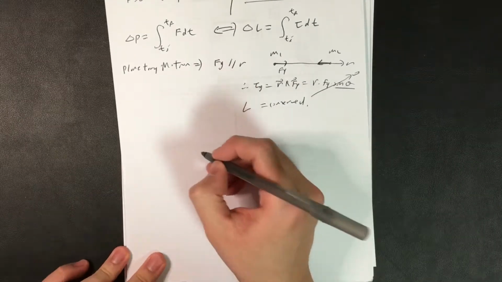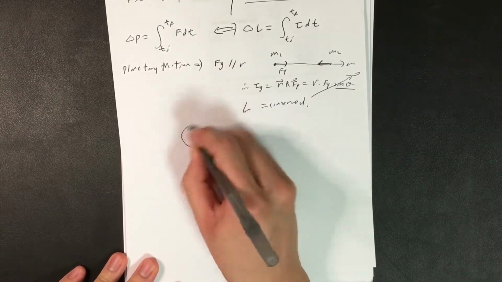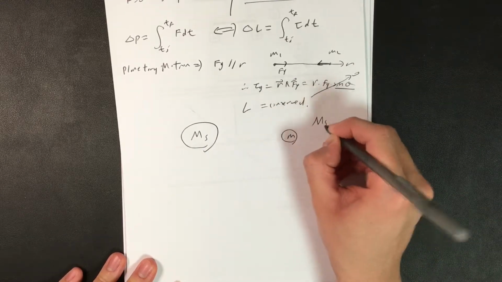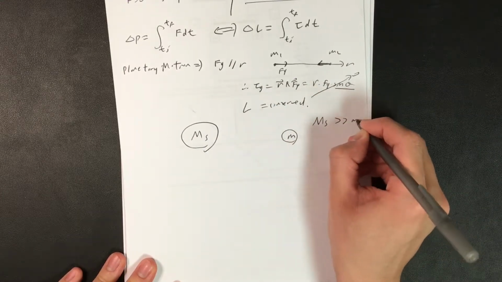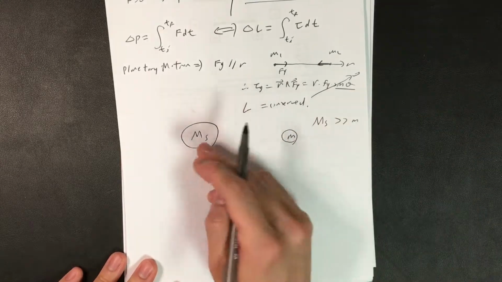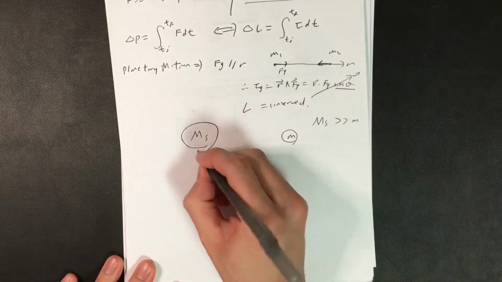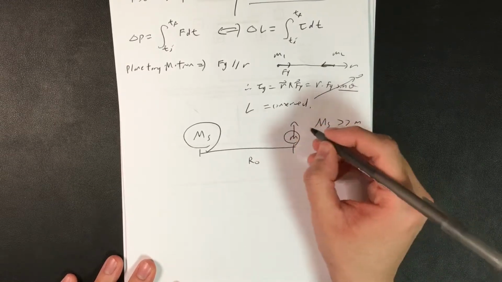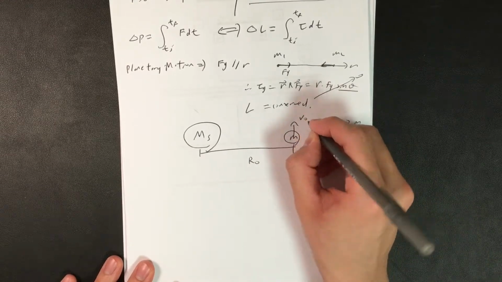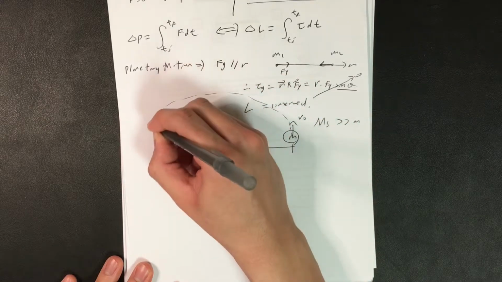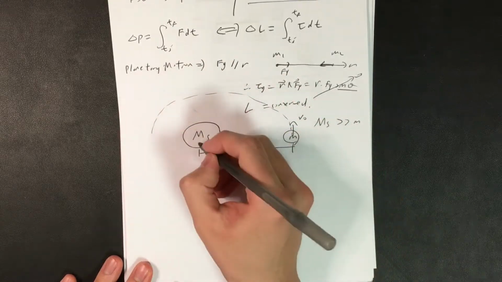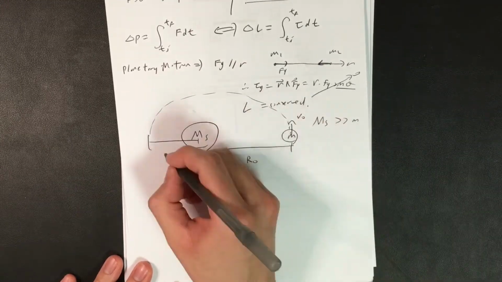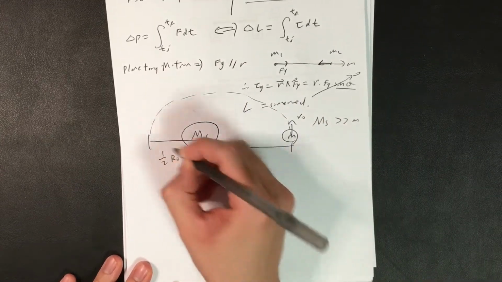So for example, let's say there is the sun with mass Ms, and there is the earth with mass m, and we're assuming that the mass of the sun is far greater than the mass of the earth, so the sun just stays stationary. If they're separated by a distance r0 and the earth is moving at a speed v0, let's say later on, at the opposite half of this trajectory, the earth is separated by a distance 1/2 r0.